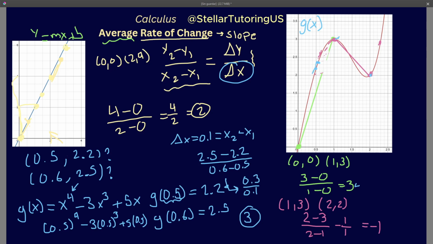I'm going to have to zoom in a little bit for this one. We see that if we were to connect these 2 points, that line matches up way more than this green line right here. See how this one undershot and then overshot? But this one is much closer. Is it perfect? No. But we see that as we make the interval smaller, as we make this delta x, the change in x, smaller, what if we had 0.6 minus 0.59?